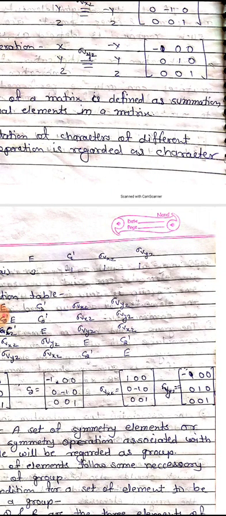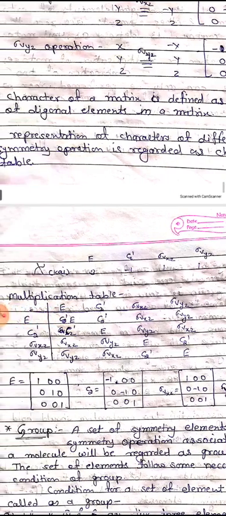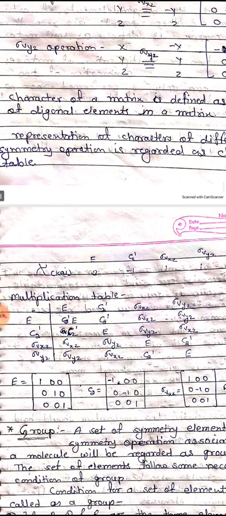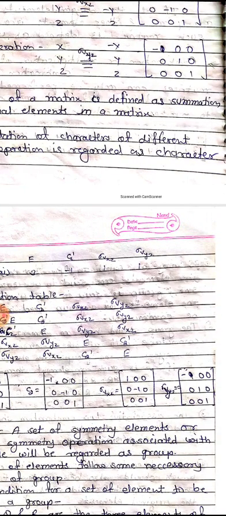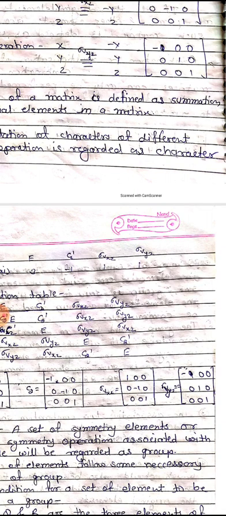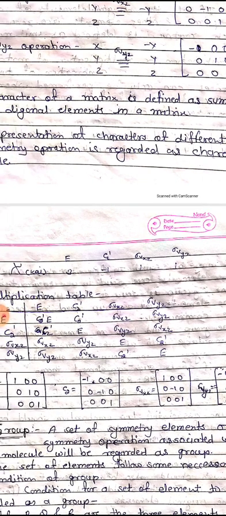But there is a change in the y coordinate. It means -1 becomes 1. Now you will get the matrix that represents sigma vyz. Therefore, sigma vyz is shown in the third character of the second column of the multiplication table.